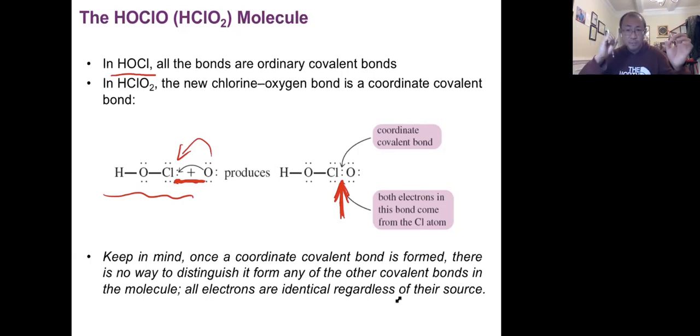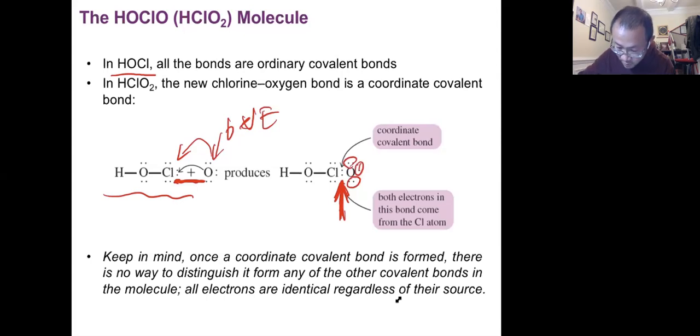Usually it's one from each, but if you look at this bond, oxygen has 6 valence electrons. So that means this oxygen doesn't even have any electron donated. Originally this oxygen has 6 valence electrons. After the bond is made, the 6 electrons are still here. Do you guys see that?